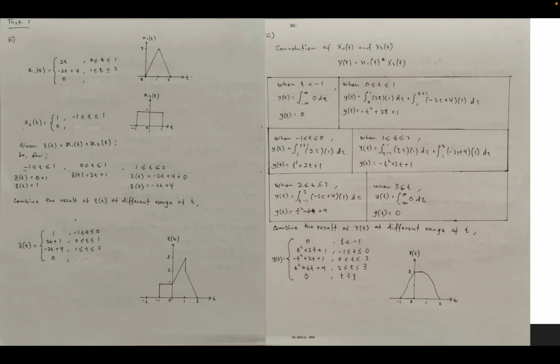we evaluate the sum z(t) over different ranges of t. First, we have x1(t) equals 0.